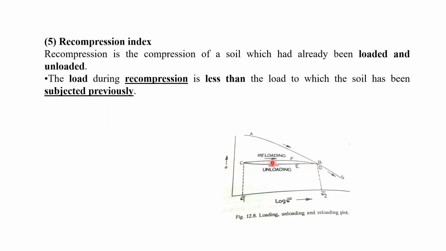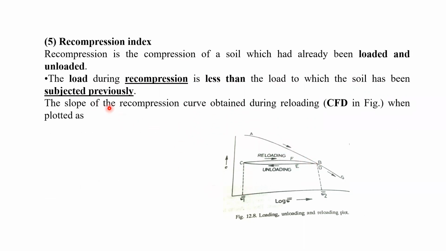The load during recompression is less than the load to which the soil was previously subjected. Why is it less? Because it has already been compressed, so the reloading value will be less.